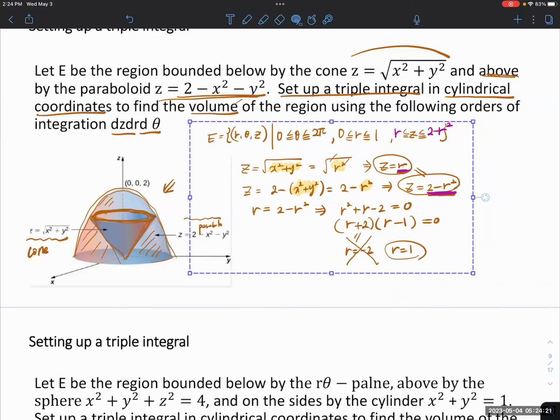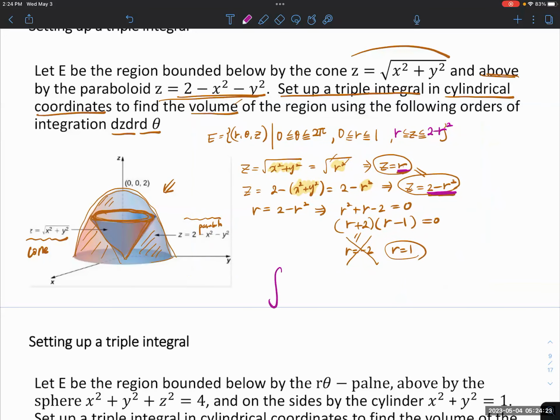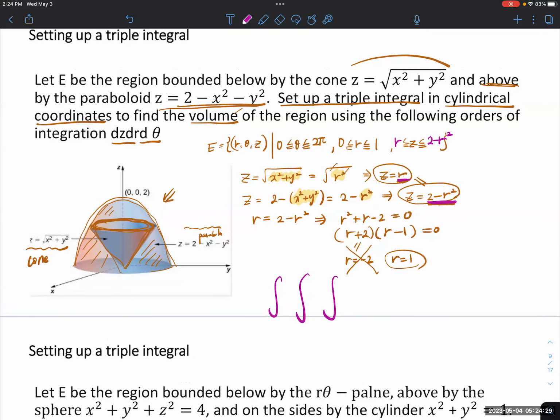So anyway, we can finish up the full integral equation, set it up. Honestly, they didn't give us any f of r, theta, z. So you can keep it or you don't need to write it because they didn't give us. But I'm going to just keep it. And then don't forget the extra r.